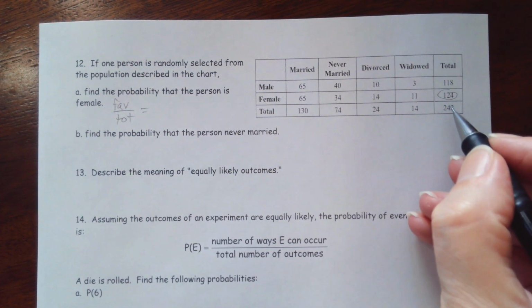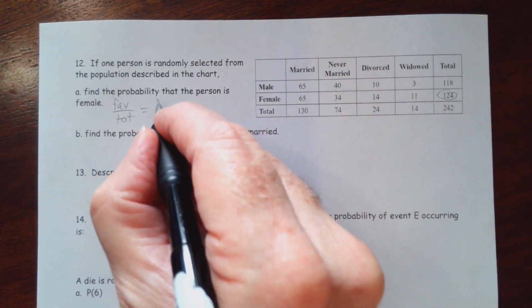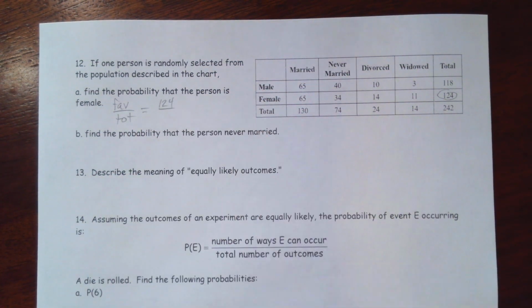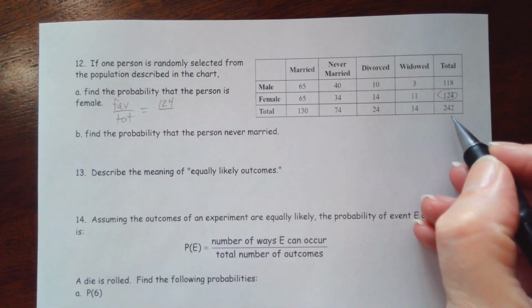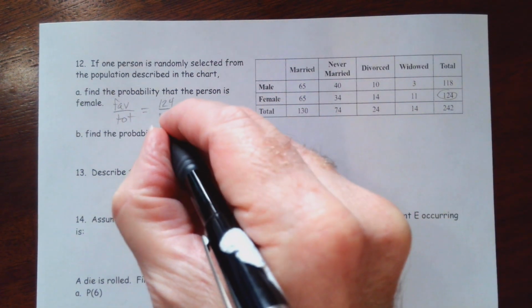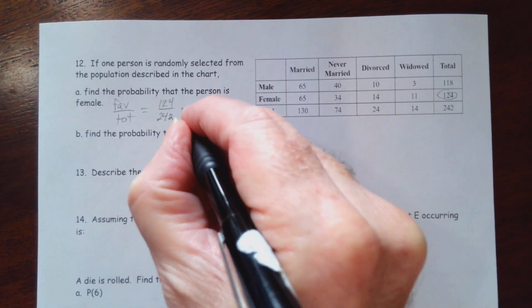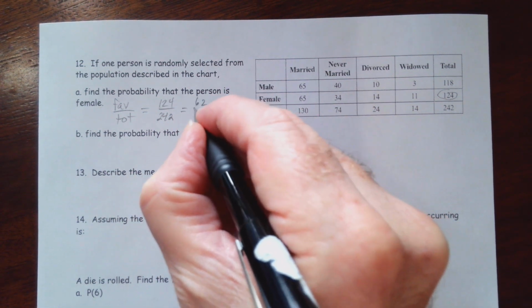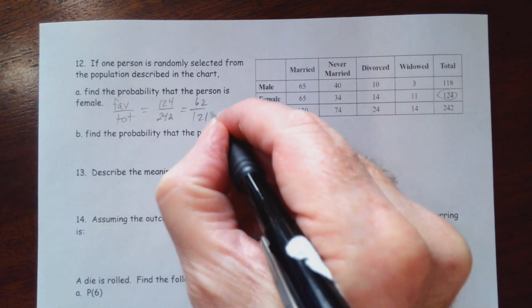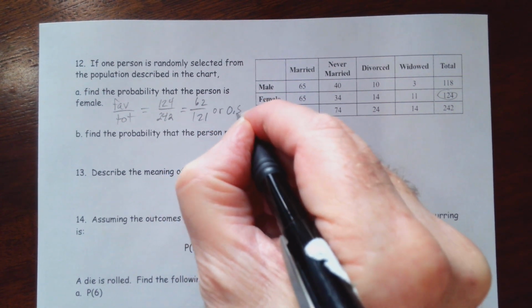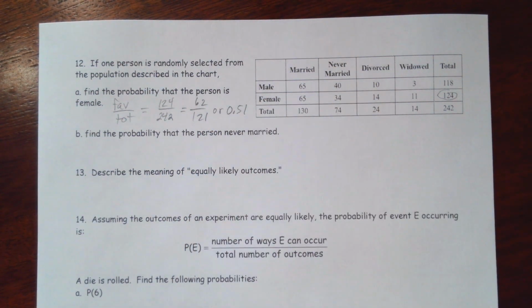In this case, there's a total of 124 that are female. That's what's considered favorable, probability the person's female. Out of a total of how many possible outcomes? Well, there's a total of 242 people. And so you get 62 over 121, or 51 hundredths.